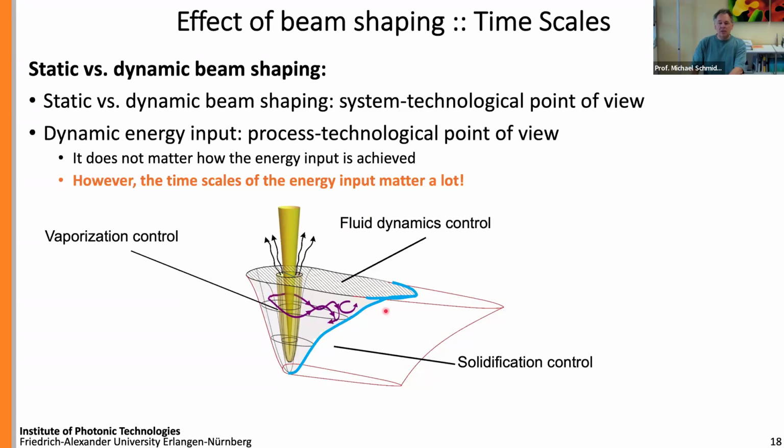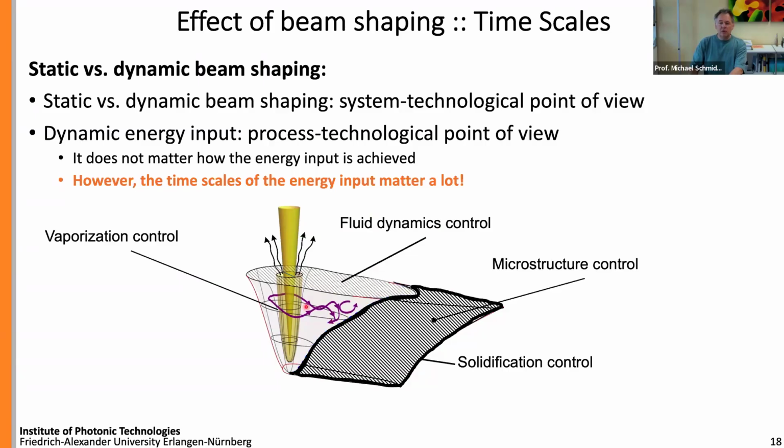The next thing you could look at is the solidification front in the back, which is of course influenced also by these. And in the end, the microstructure that will result out of it, which also depends on the things that happened before, also the energy input, so they are connected, but of course a bit more indirectly, because the energy input was there, vaporizing everything, and then there's the whole process dynamics in between and how they are coupled, but in the end, we have the solidification.